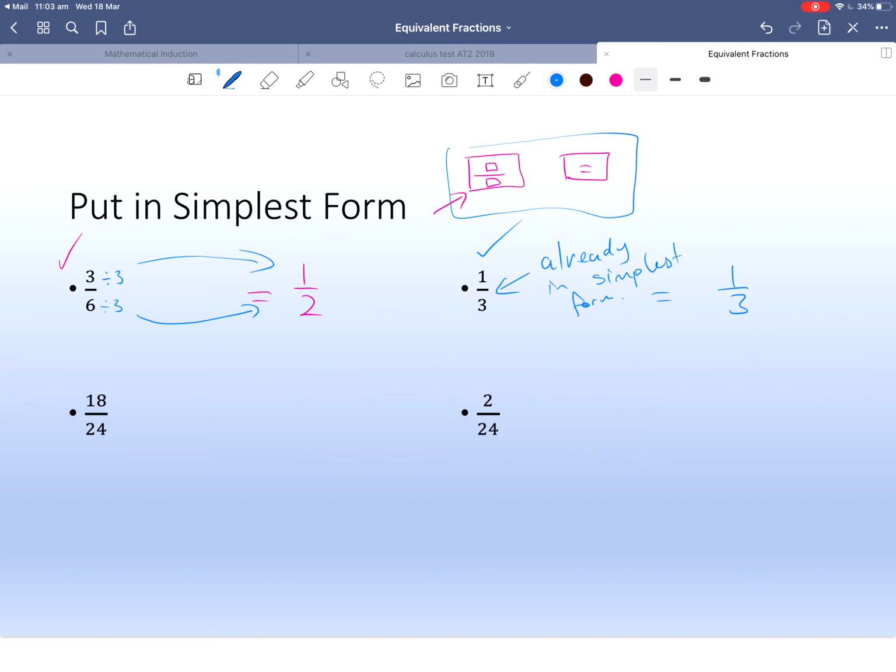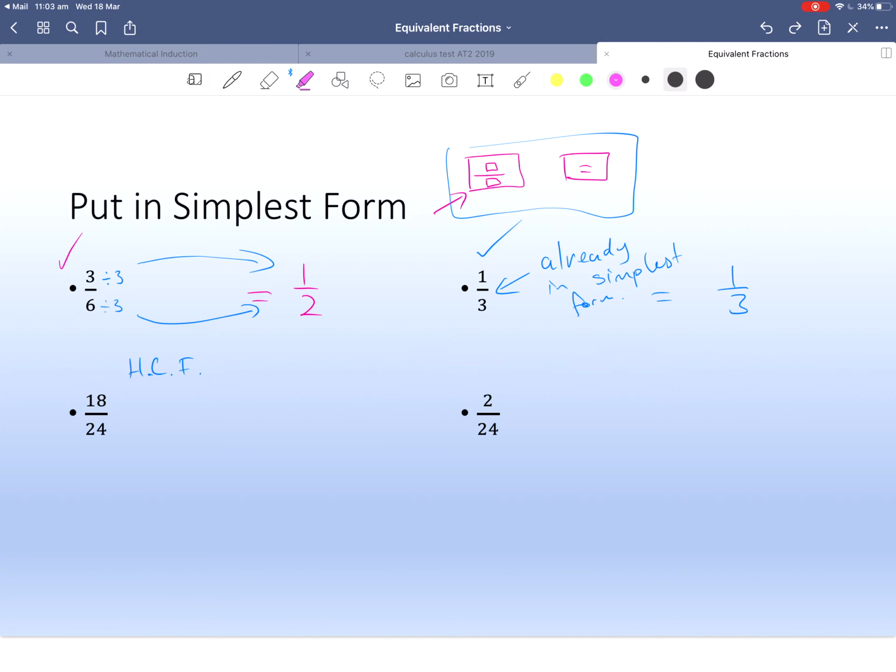Okay. What about the next one? Is there a number that goes both into the top and the bottom? There's actually a couple of numbers. But what is the highest common factor of all? So that's the highest number that multiplies to go into both 18 and 24. I'm going to give you time to think.